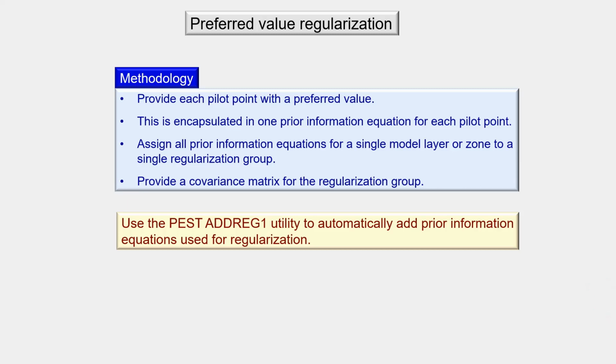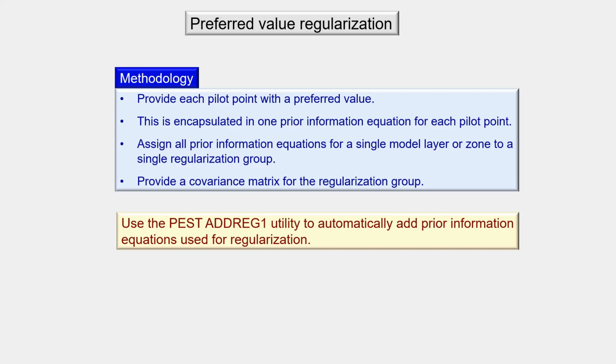So it's very easy to implement. The add-reg1 utility provides a preferred value for each pilot point, for each parameter in a PEST control file, equal to its initial value. But then we have to take another step. add-reg1 adds a prior information equation for each pilot point.